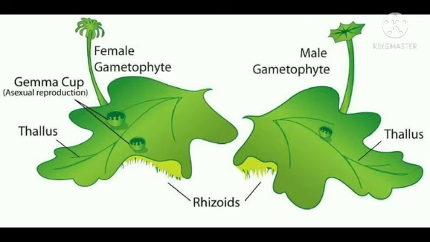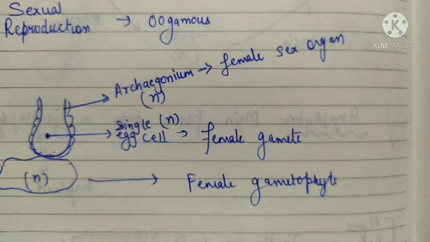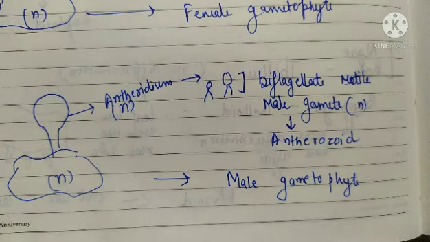So let us see how the sexual reproduction takes place. Here is the female gametophyte, and this has archegonium, which bears the female sex organ. And this is the male gametophyte, and it has antheridium, and it will bear the male gametes, that is known as antherozoids.